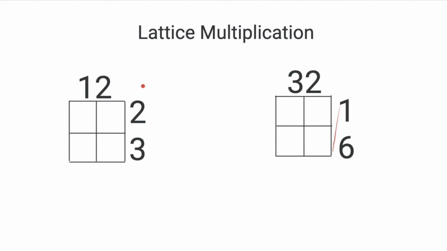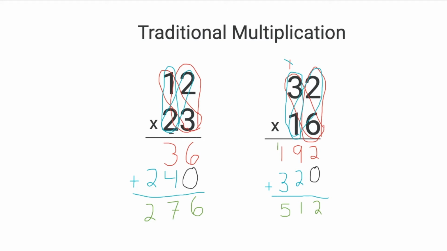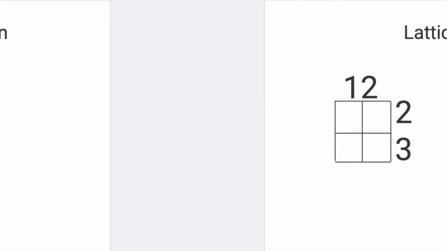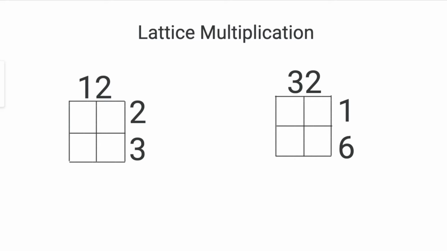So we're going to just write those at the bottom. 276 and 512. And we're going to see how we can come up with the same products using lattice multiplication.